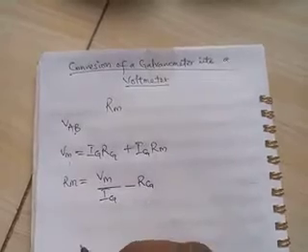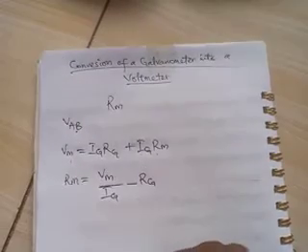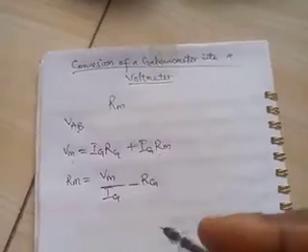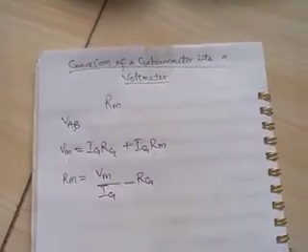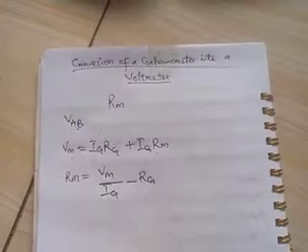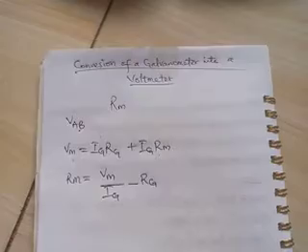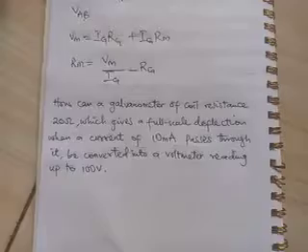A voltmeter has very high resistance, you must know that, and it is connected across points A and B, whose potential difference is to be measured. We connect it in parallel with the device we are concerned with.